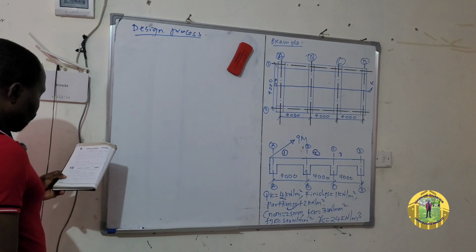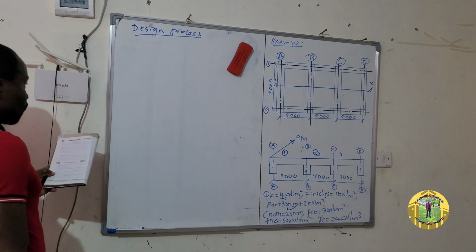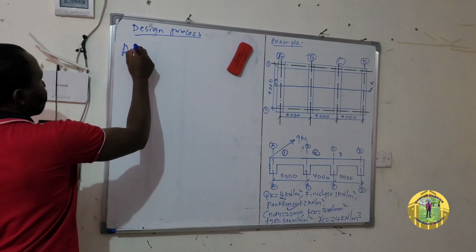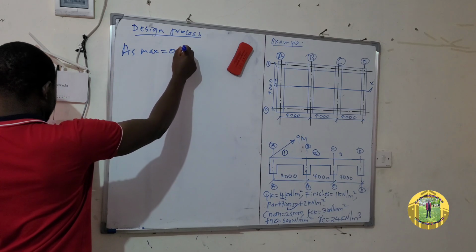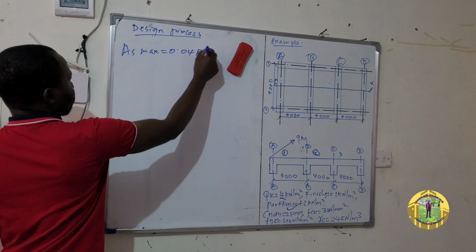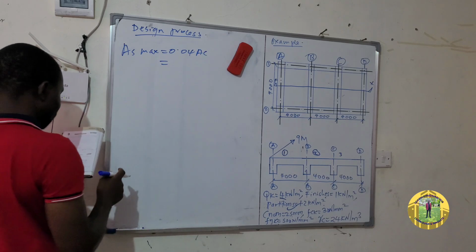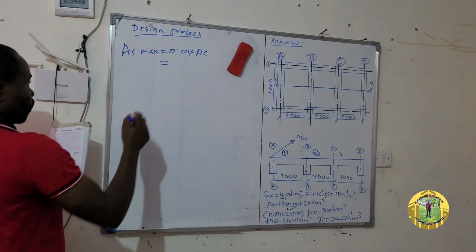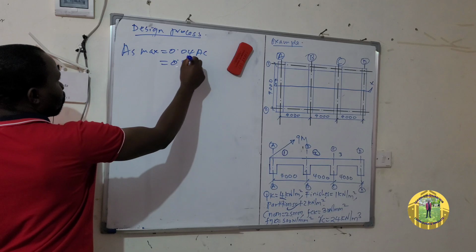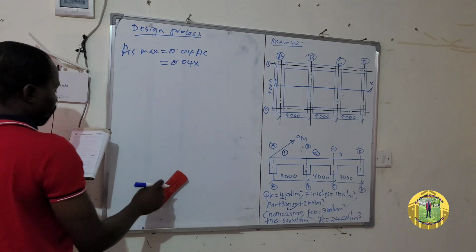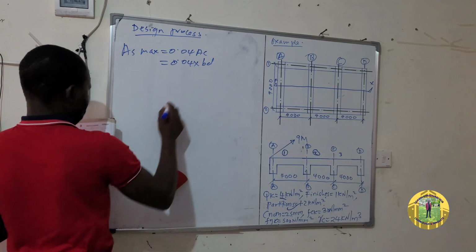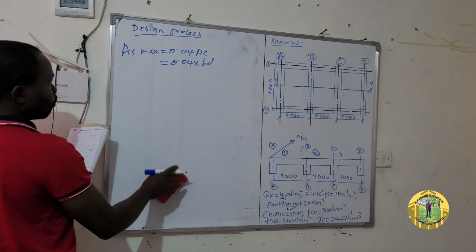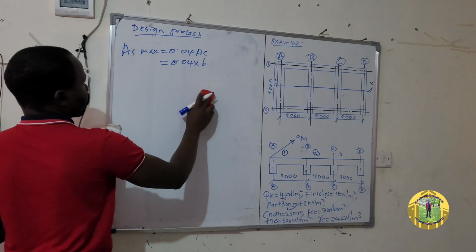So we know that the maximum area, or AS maximum, is equal to 0.04 AC, whereby AC is the area of the concrete. So this is 0.04 times AC, which is BH.